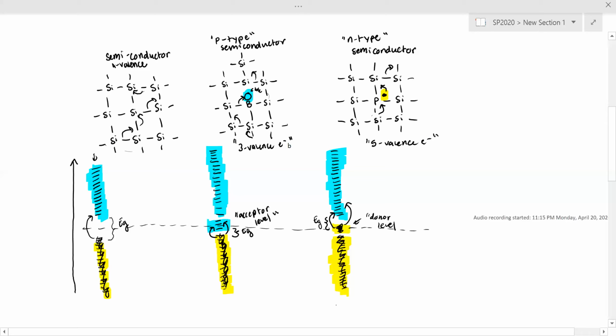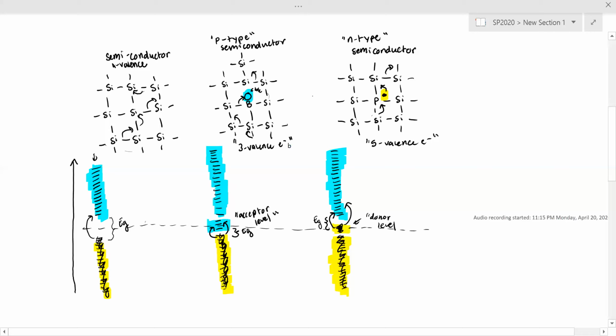Now, connecting this to what we learned about band theory, as you can see in a normal semiconductor on the far left, you have your unoccupied orbitals in blue and your occupied orbitals in yellow, and there's an energy gap between these 2.